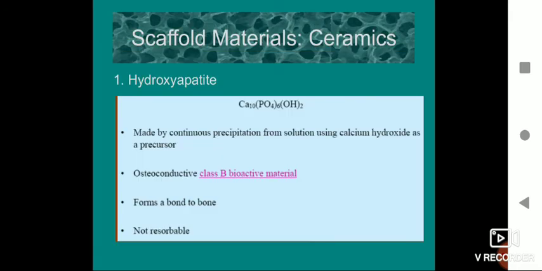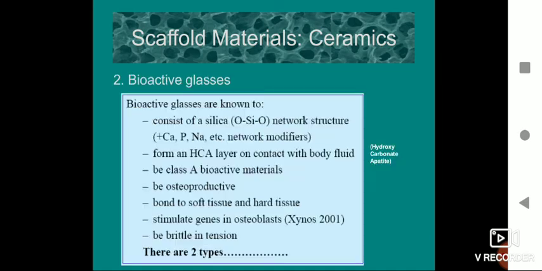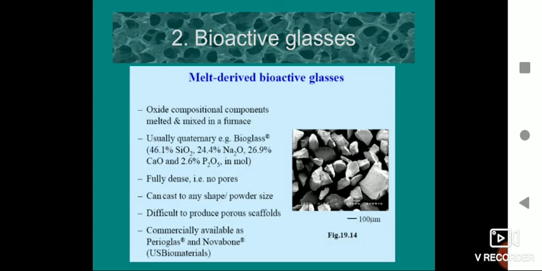Ceramics can be used, for example, in bone and teeth. Ceramic scaffolds can be used. The best example is hydroxyapatite. Then bioactive glass is also an example of a ceramic that is known to be used in various types of soft tissue as well as hard tissue scaffold formation, right?